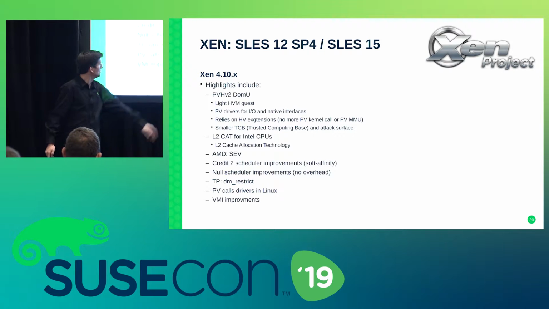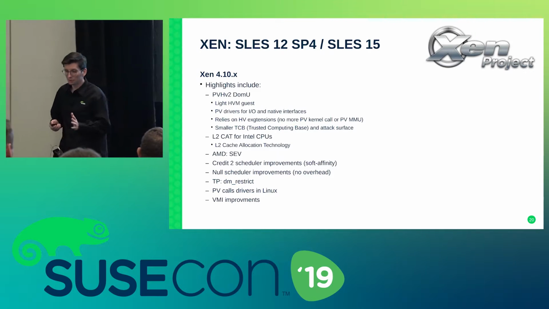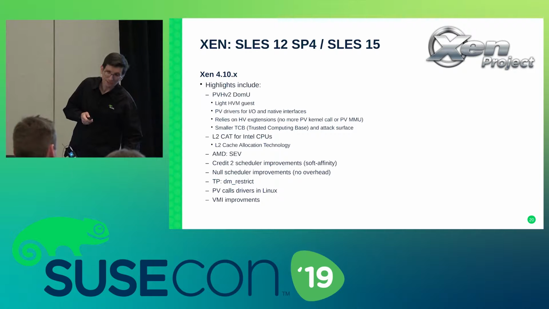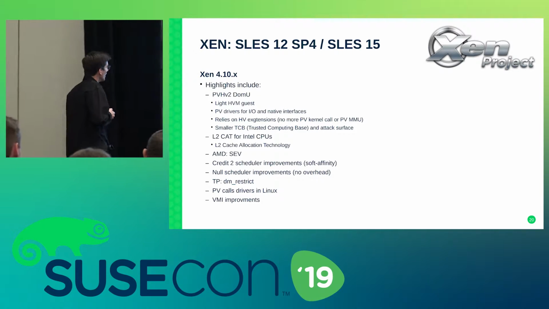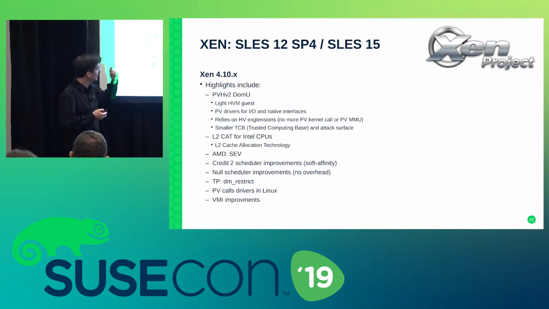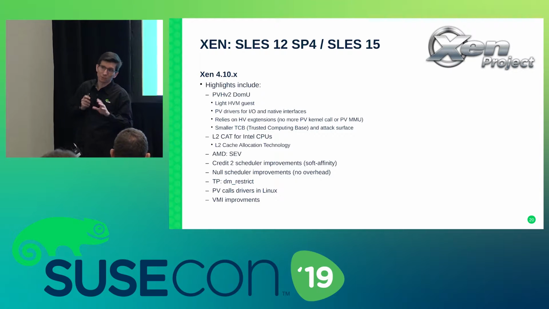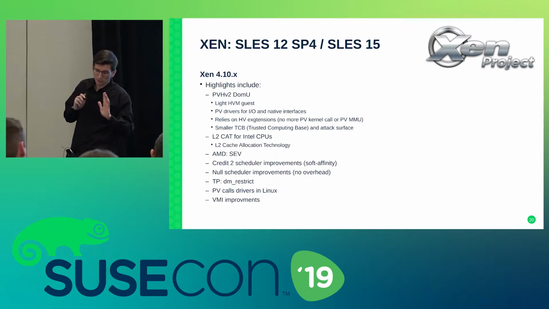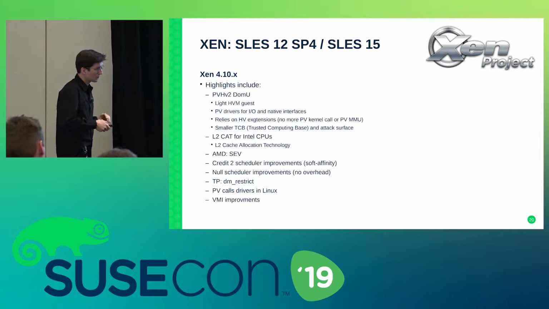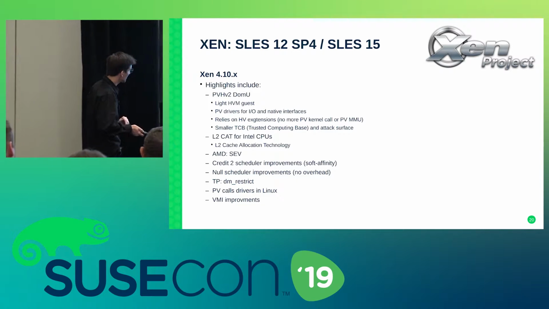A technology preview is DM restrict. What's DM restrict? It's a device model restriction. And as I told you already, we've got a lot of problems because when you are doing emulation, you expose a lot of code, which is probably unsafe in some parts.